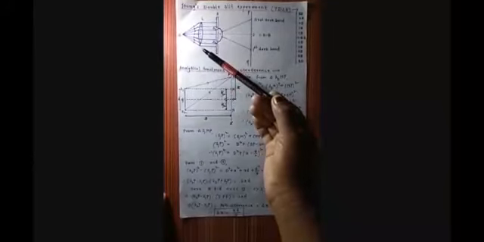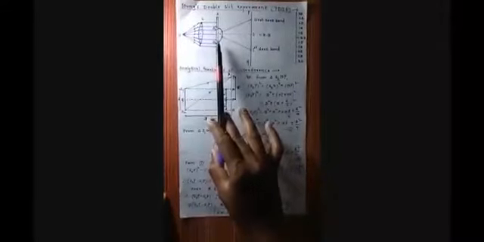L is the convex lens and S is the primary source of light. So these two sources S1 and S2 are obtained from this primary source of light. These are the coherent secondary sources of light.